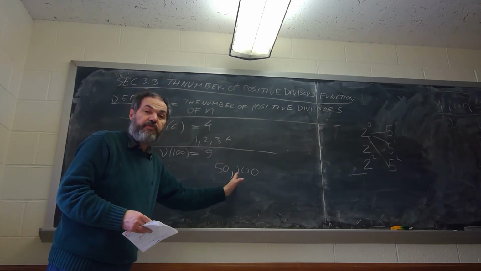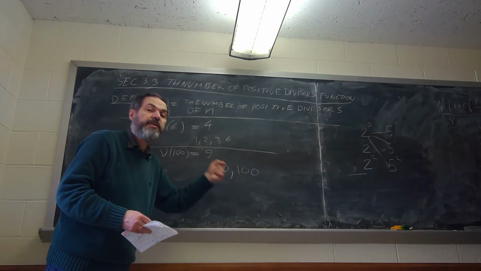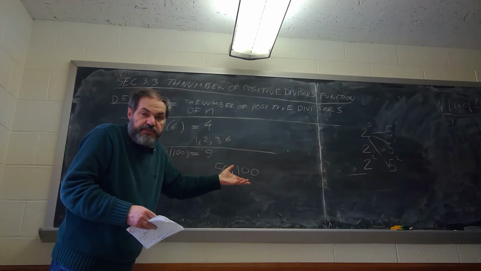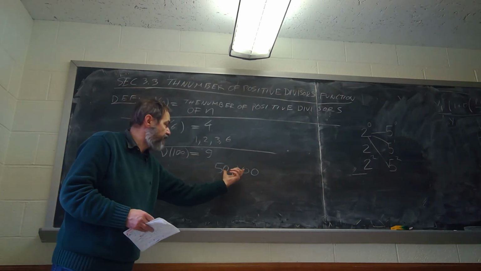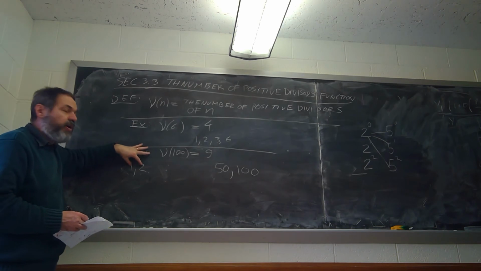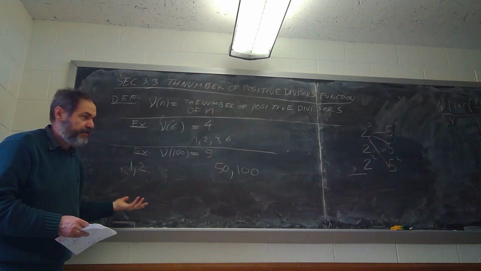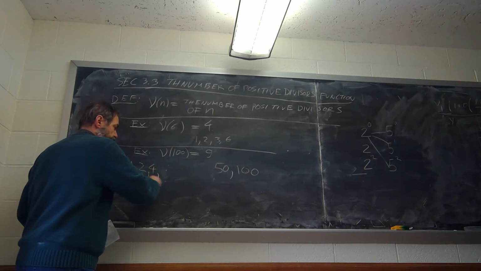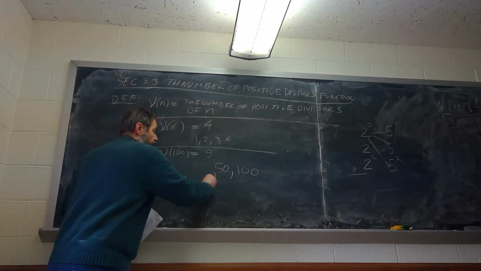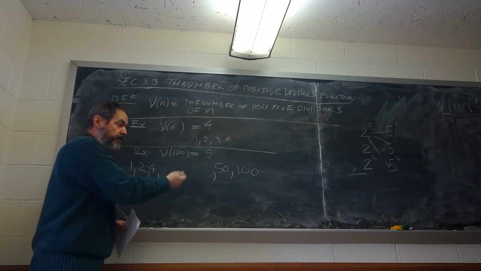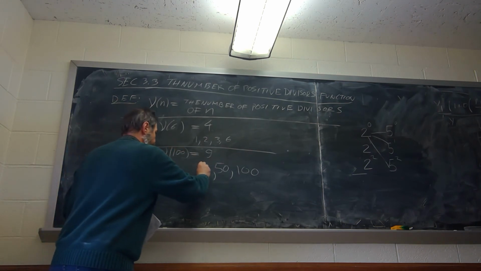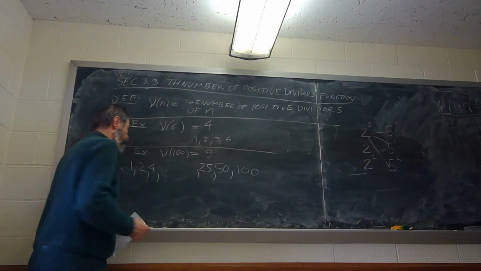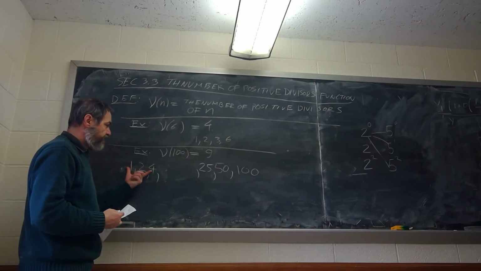It cannot be a divisor of 100, because then the number it's multiplied by would have to be between 1 and 2. Impossible. The next one is 4, and 4 times 25 is 100. So I got 6 divisors.